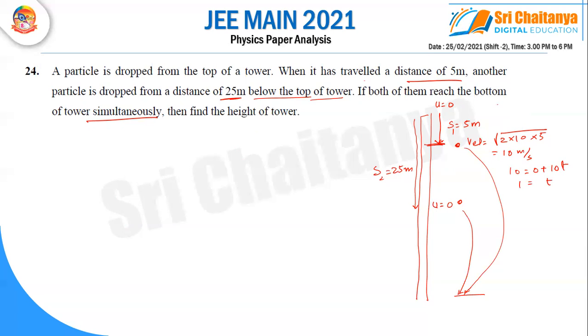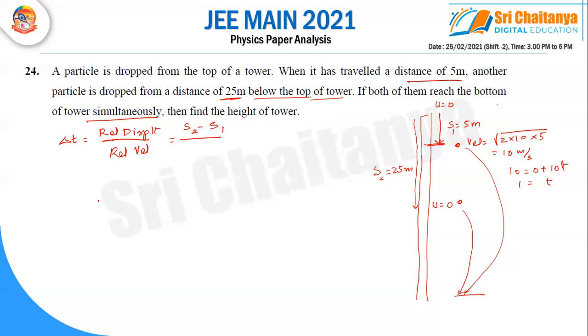Okay. Now we have delta time is equal to relative displacement by relative velocity. Relative displacement will be S2 minus S1.